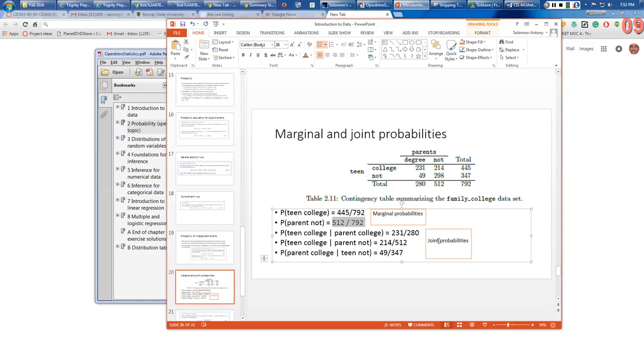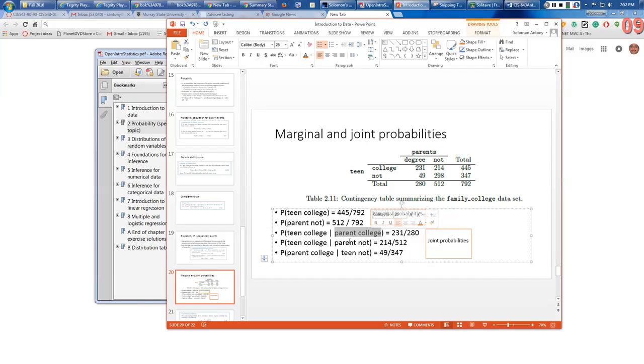Then you have what are called joint probabilities. In joint probability, you are interested in the individual cell values and one of the column or row values. Say for example, the probability of teen attended college given the parent attended college. What is the probability of that? This vertical bar means given.